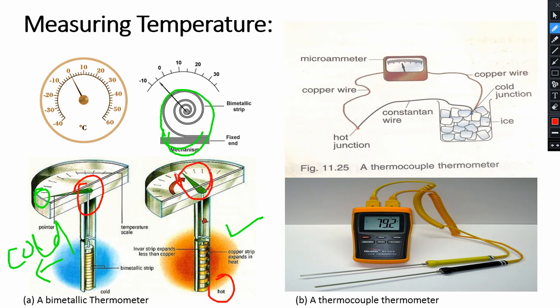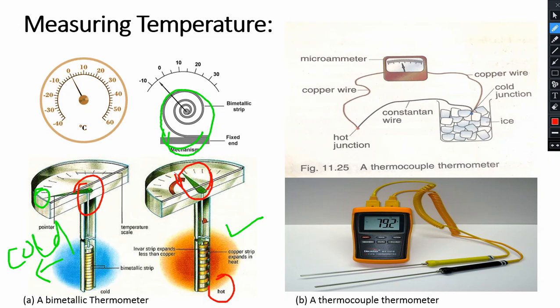First it was at 0, now it is maybe on 30 or 40°C. So with the help of the bimetallic strip, whatever the temperature is, they expand to that extent, and as a result they move that pointer to that value.